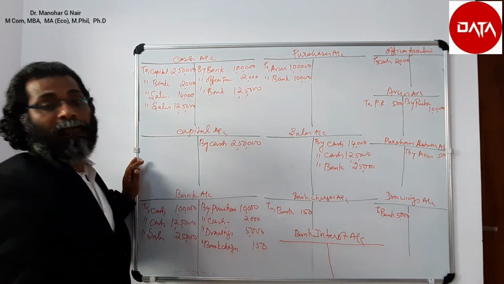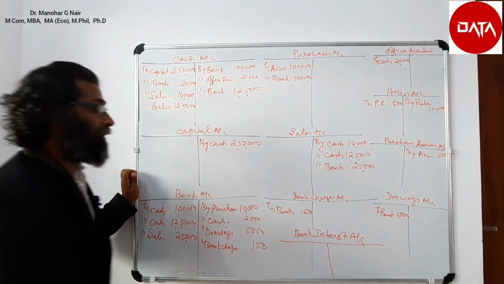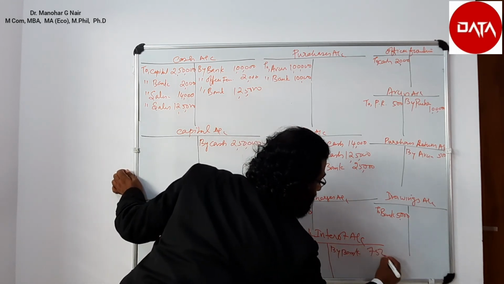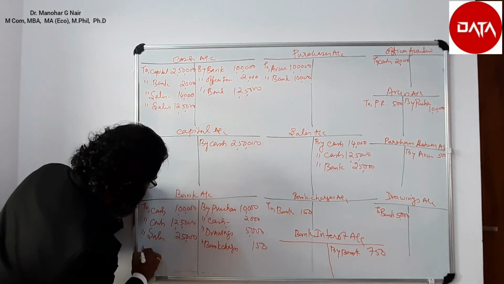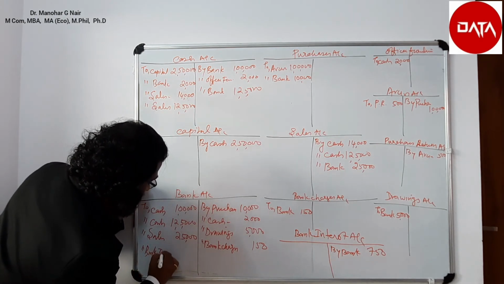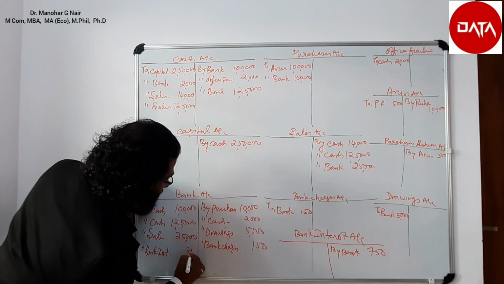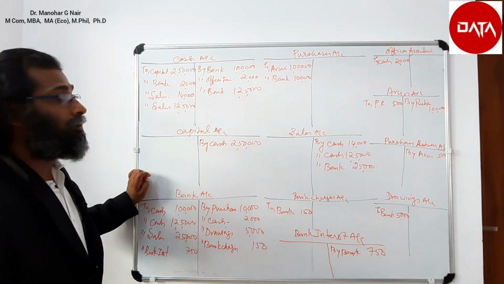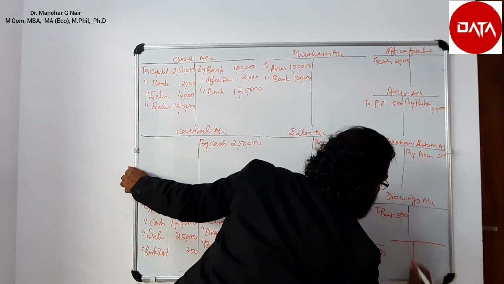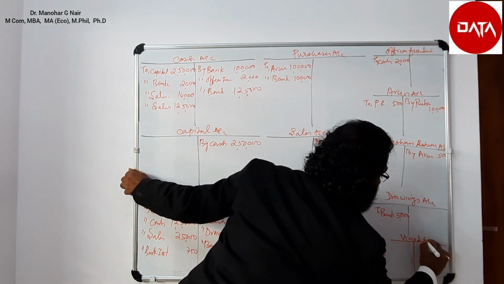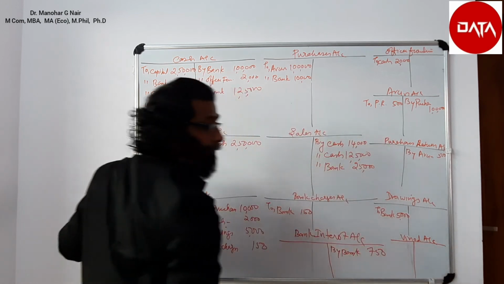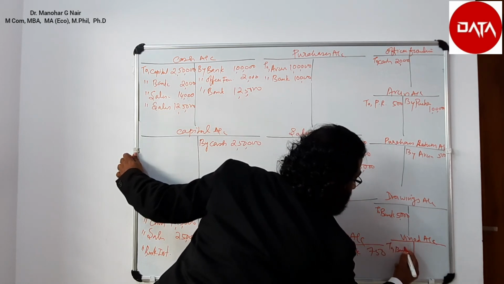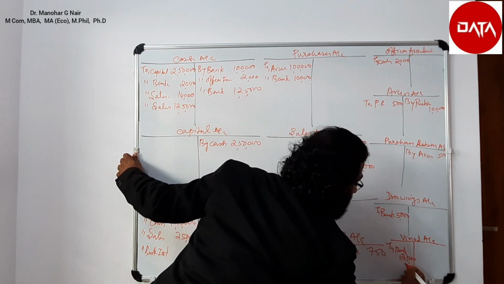The journal entry is bank account debtor to bank interest. So in the bank interest account, by bank, value 750. Here in the bank account, to bank interest, 750. Now we know the account debtor to bank account, value 1,25,000.